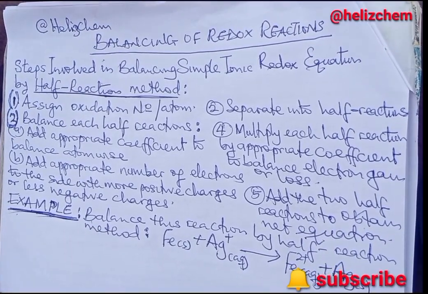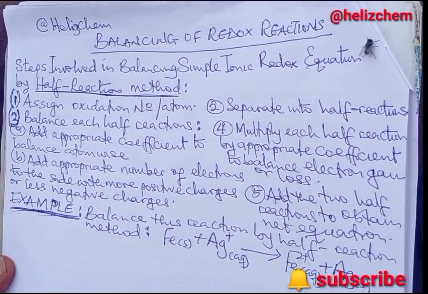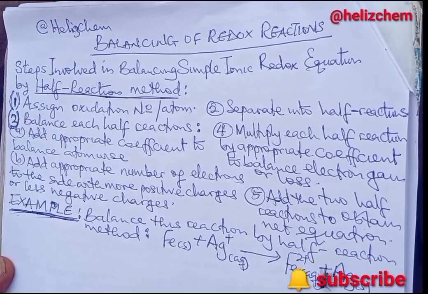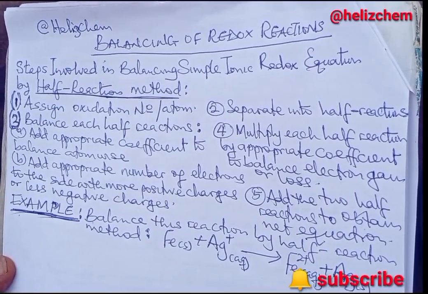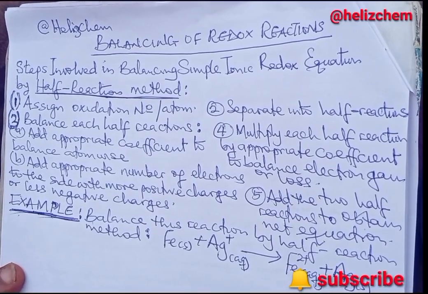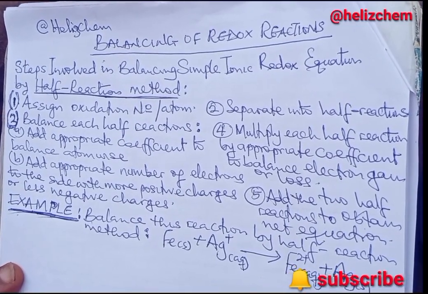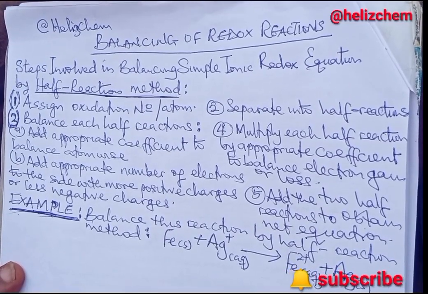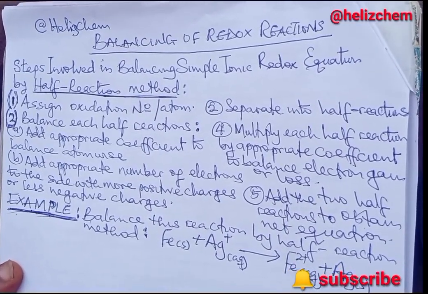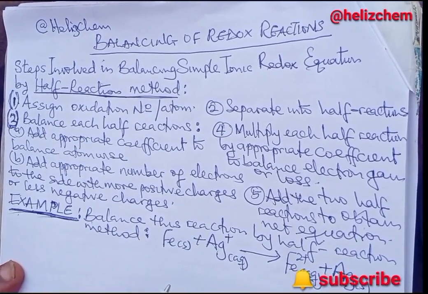But before then, I want to quickly chip in something. If you want to balance redox reaction, the procedures or steps to follow depend on whether the equation given is simple or complex.